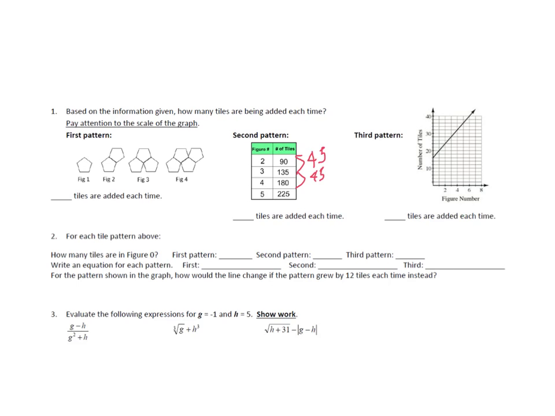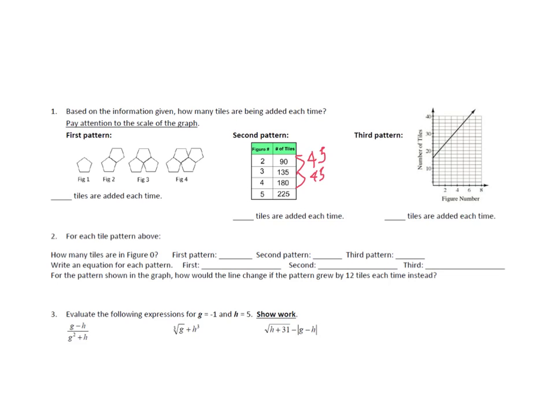In this third pattern, please pay attention to the fact that the y-axis goes up by 2. It's 2, 4, 6, 8, 10, and then 12, 14, 16, 18, 20. Here's 1, here's 2, here's 3. So x's are by 1, y's are by 2.